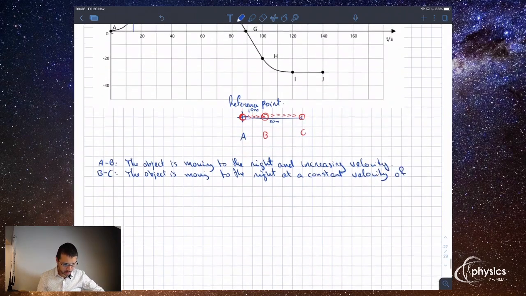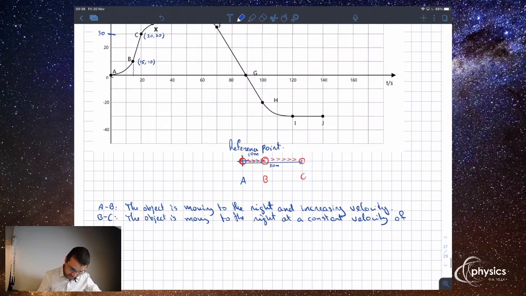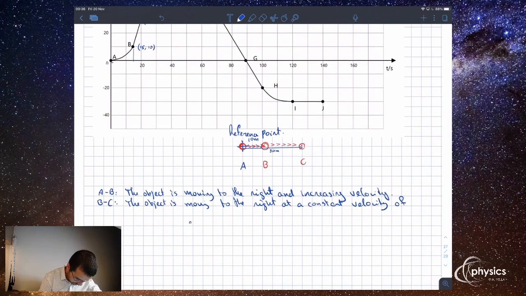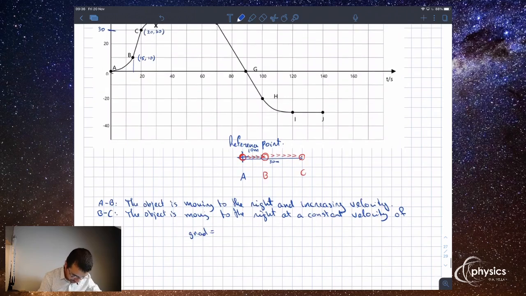So if we calculate the gradient now, the gradient is y2 minus y1 over x2 minus x1, so 30 minus 10 over 20 minus 15. So we have 20 over 5, which should give 4 meters per second.